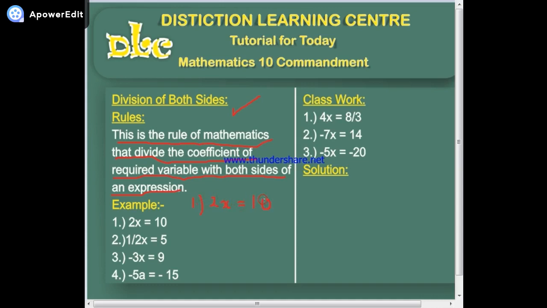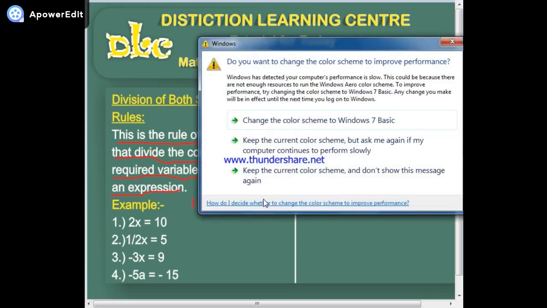In mathematics, there is something we call coefficient. Coefficient is anything at the back of a variable, a required alphabet.